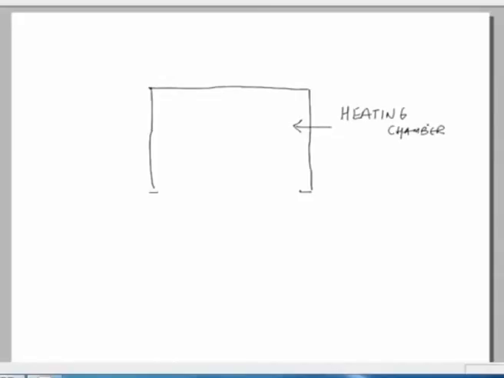So we have a heating chamber. In this we have placed our preform. This is our total preform.